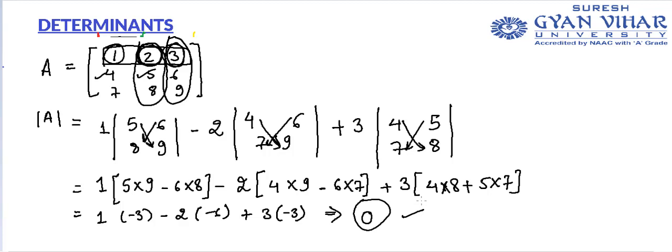So this is the process of finding the determinant of a matrix. Now let us move forward and understand the applications of these matrices, where you can use the determinant of a matrix, and how we can use it to find the inverse of a matrix and to solve linear equations. In this chapter, there are basically two applications of determinants.